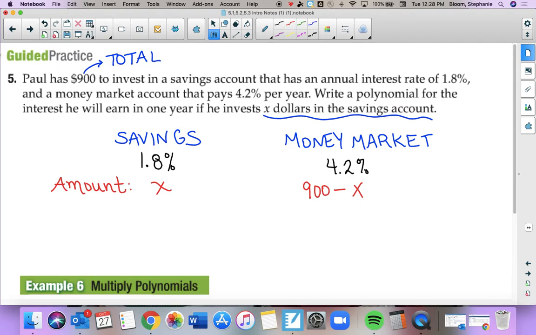Okay, now how can I set up an equation based on that information? Wiley? And what are we missing?